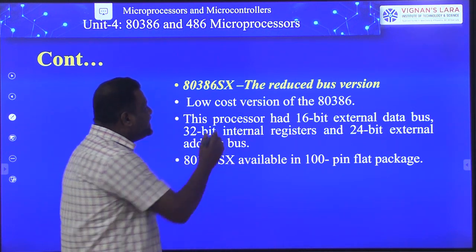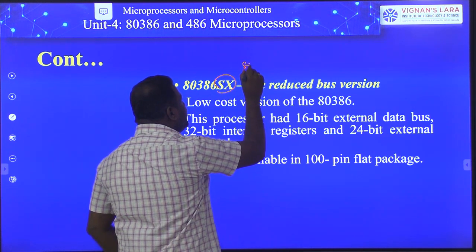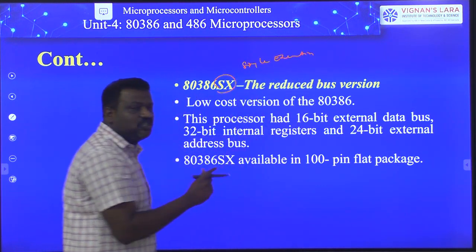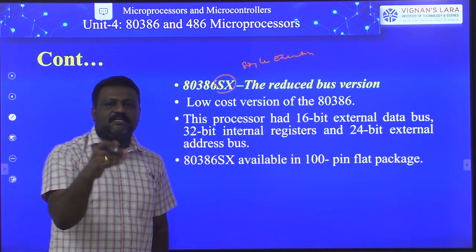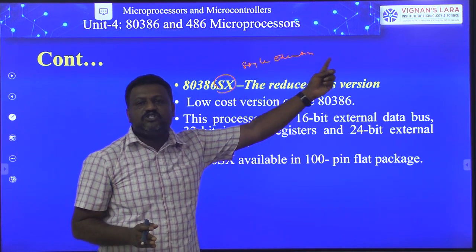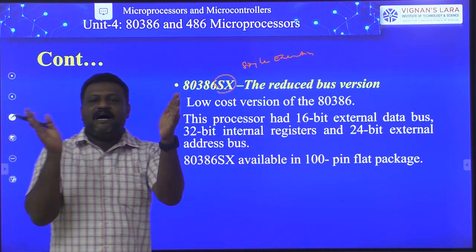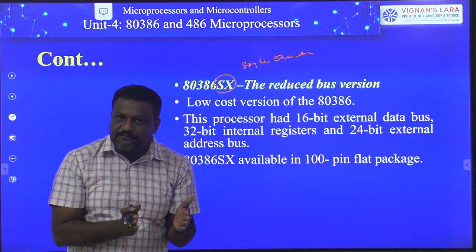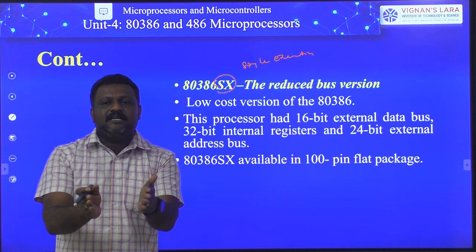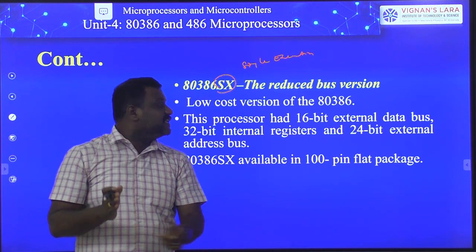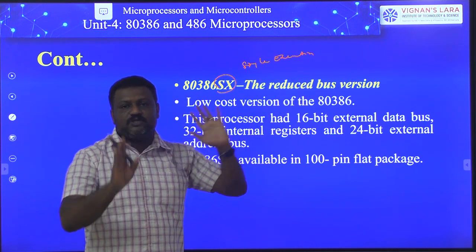Here SX represents single execution, whereas previously DX represented double execution. The address bus width is reduced from 32 lines to just 24 lines. And the data bus width is also reduced from 32 to 16. That's why it is called the reduced bus version.